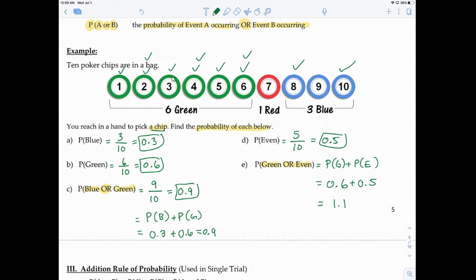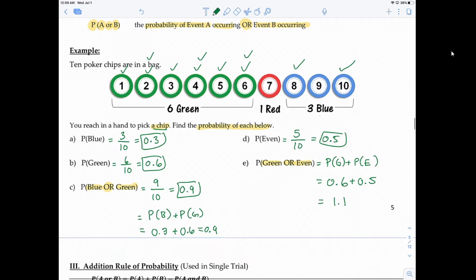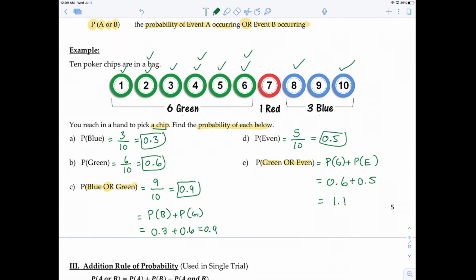Notice how when I counted these, I counted the 6 green chips, and then when I counted the evens, I double counted these other chips, right? So with the actual addition rule, you have to subtract those which you double counted. So you have to subtract out the probability of green and even.